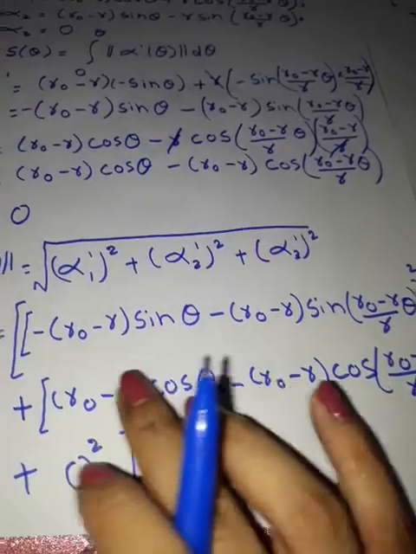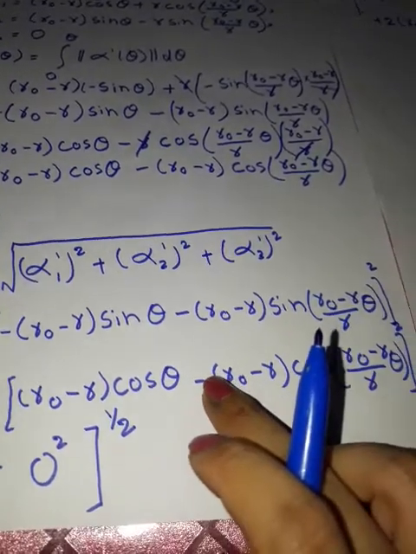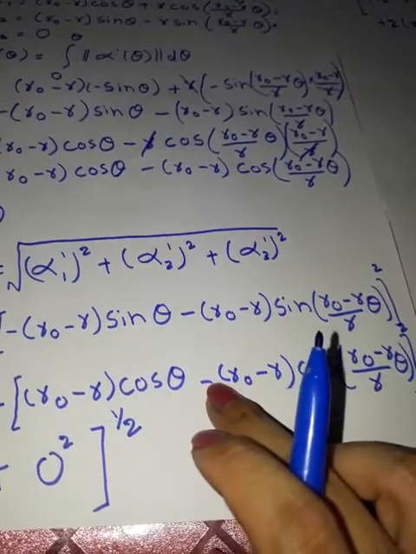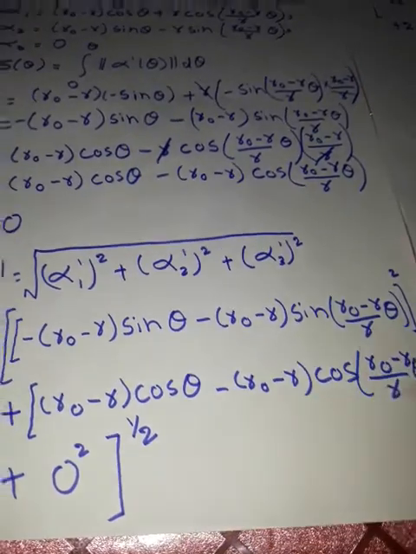Here is a negative sign, so I will apply the formula of a minus b whole square.